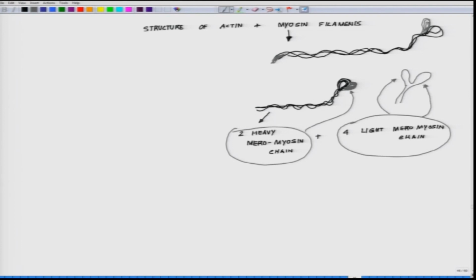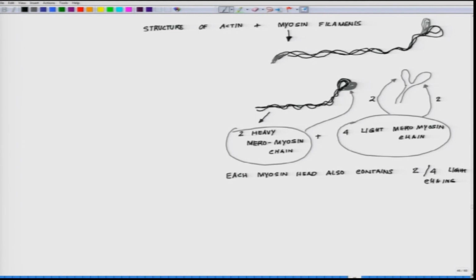So, what essentially are these doing? Each myosin head, this is 2 and this is 2, also contains 2 of the 4 light chains, which make up part of the cross bridge.